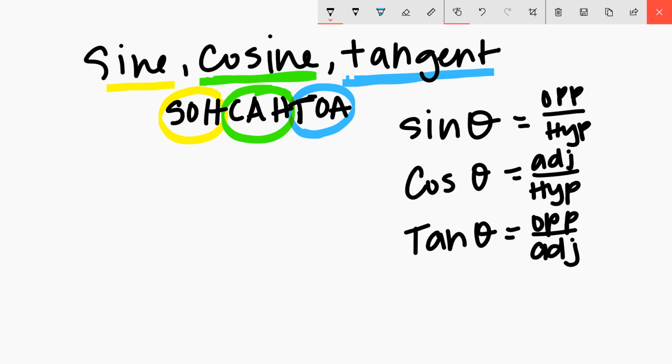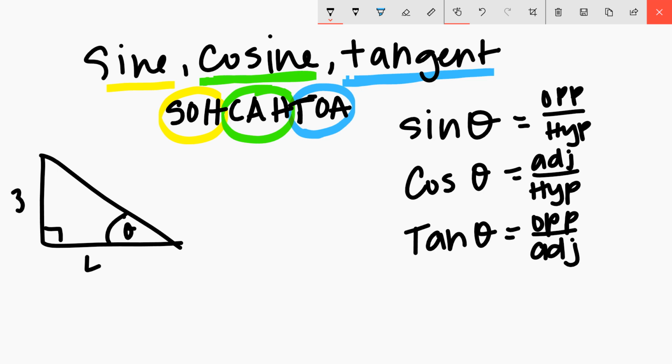So if I gave you this triangle, right angle there, and I said this was my reference angle of theta, and I knew 3, 4, and 5. To solve for sine, I know opposite over hypotenuse. Let's color these.